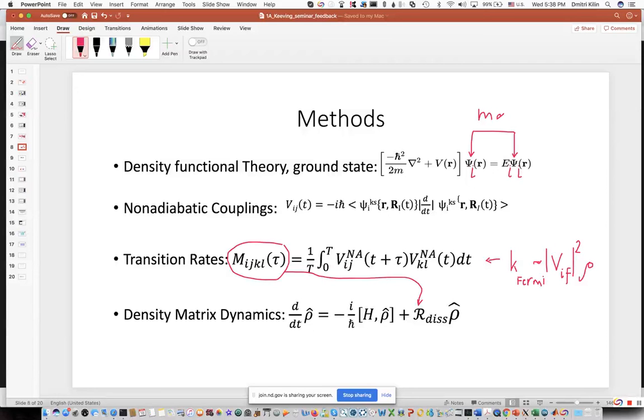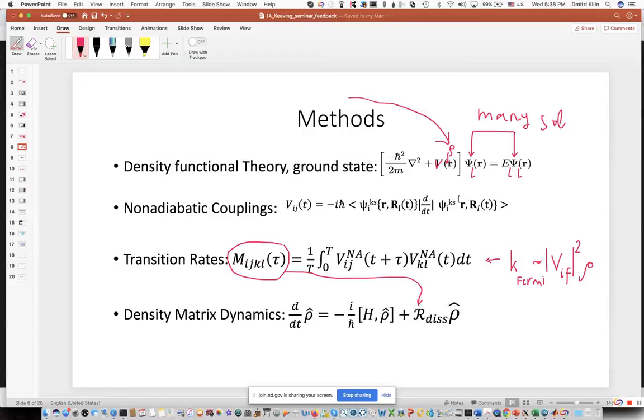So I need indices. And there is a very important feature: the potential does depend on the electron density. Another important thing is that this density does depend on orbitals.